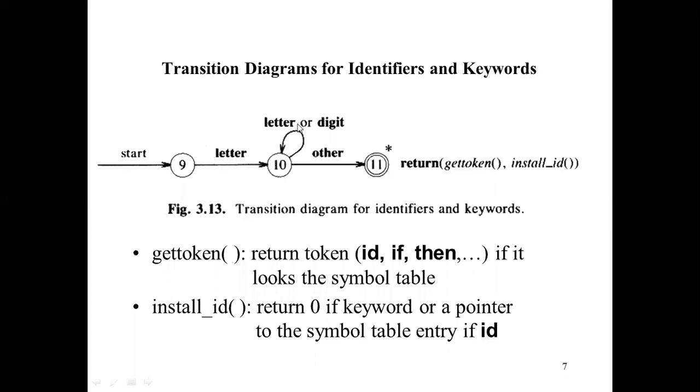We are moving again and again to this state because we will get letter or digit till the end of the string. So we will draw the transition diagram in this way. This is called the transition diagram for identifier and keywords.